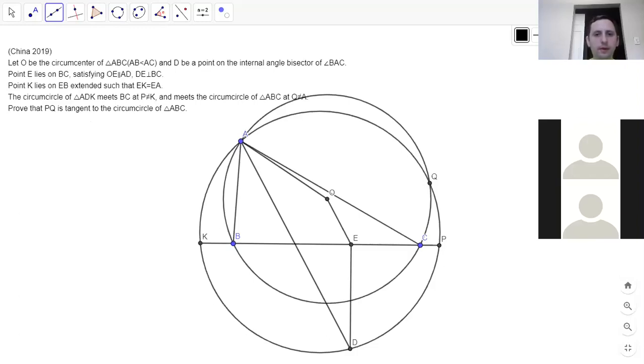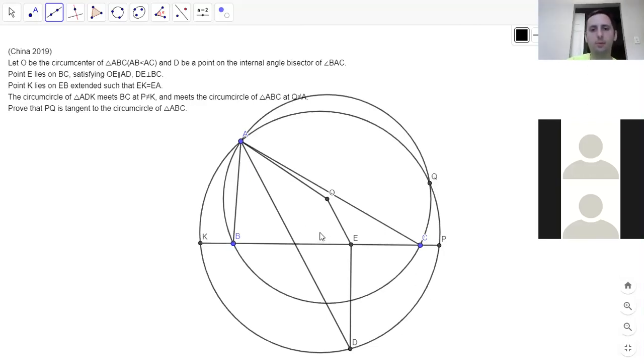So what can we say about EAK? EAK is EAB plus KAB. But yeah, that's a really big insight that AOED is an isosceles trapezoid.